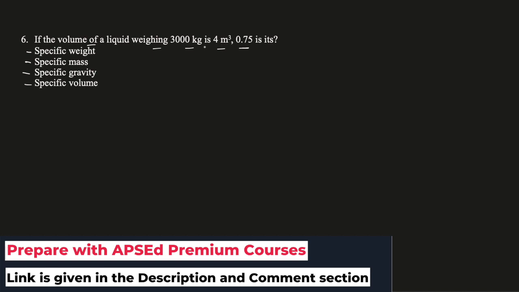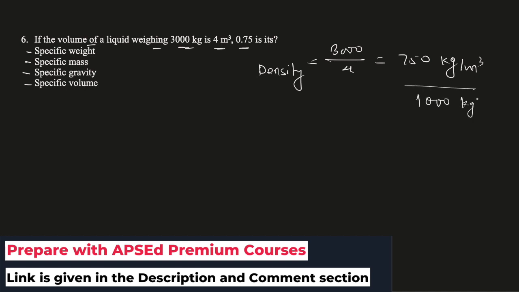So here if we use this data, 3000 by 4, that is 750 kilogram per meter cube, we have this value of density. And if we divide it by the density of water, assuming 1000 kg per meter cube, we get 0.75.